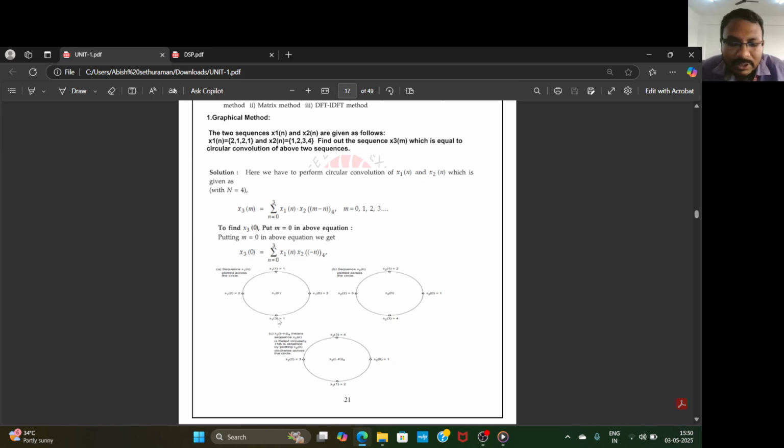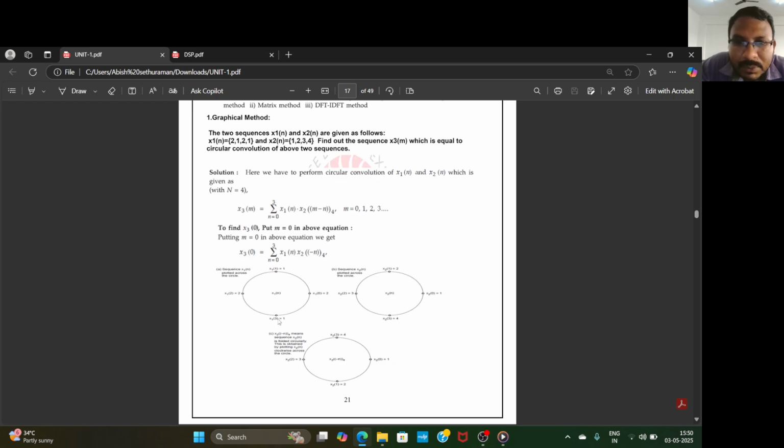In this matrix method we take the DFT of x1 of n using the matrix formula, then we take the DFT of x2 of n. Then we have obtained x3 of k. So x3 of k is the multiplication of the DFT samples of x1 of n and x2 of n.